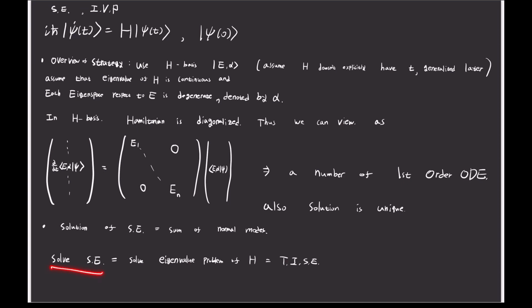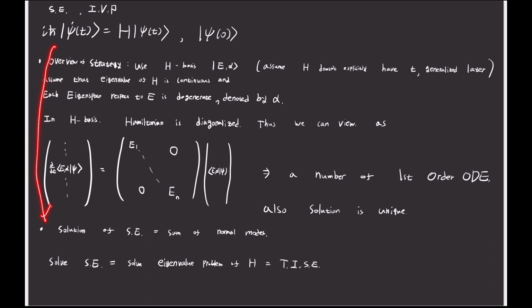So solving the Schrodinger equation means solving the eigenvalue problem of the Hamiltonian. Because after we solve the eigenvalue problem of the Hamiltonian, we can apply these steps, so we can solve the Schrodinger equation generally, right? And some books call this the time independent Schrodinger equation. This is the same ultimately, right?